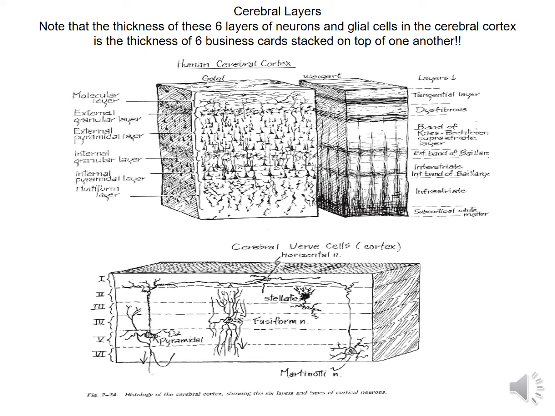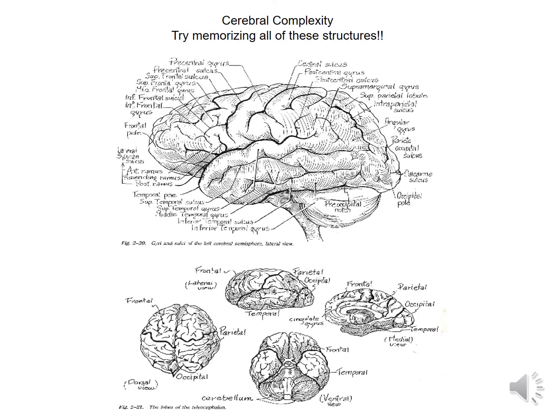So 15 to 20 billion cells all jam-packed with glial cells in this small, thin area. You don't need to memorize all of these, but imagine that each wrinkle and crease, gyrus and sulcus, has a name and does a specific function, which we'll talk about in just a second.